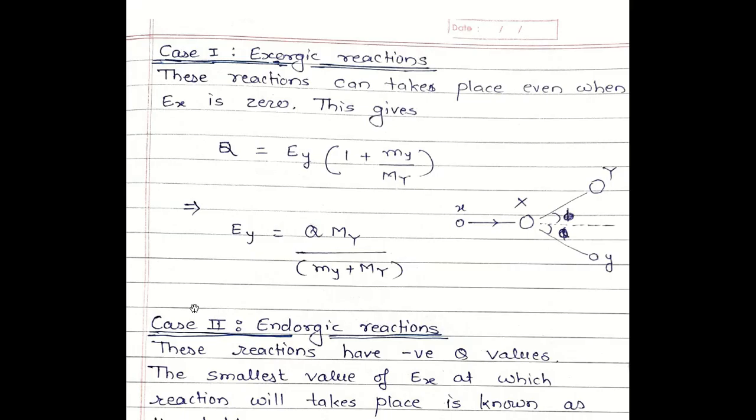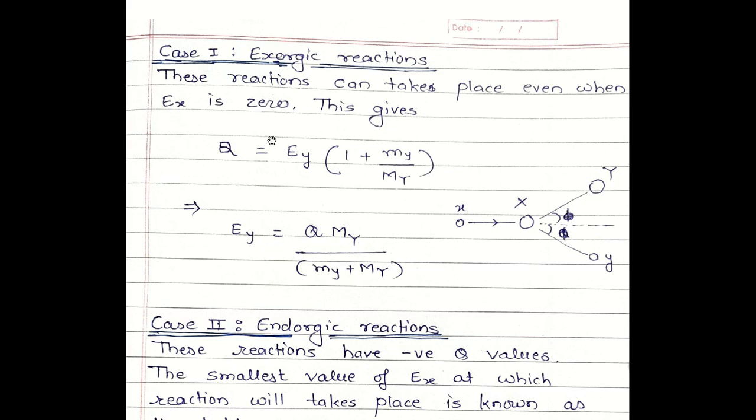Now here we have to consider two special cases. One is the case of exergic reaction, which can take place even when Ex is 0, right? We don't need to supply energy for this type of reaction to take place. So this reaction can take place even when the kinetic energy of the projectile is 0.